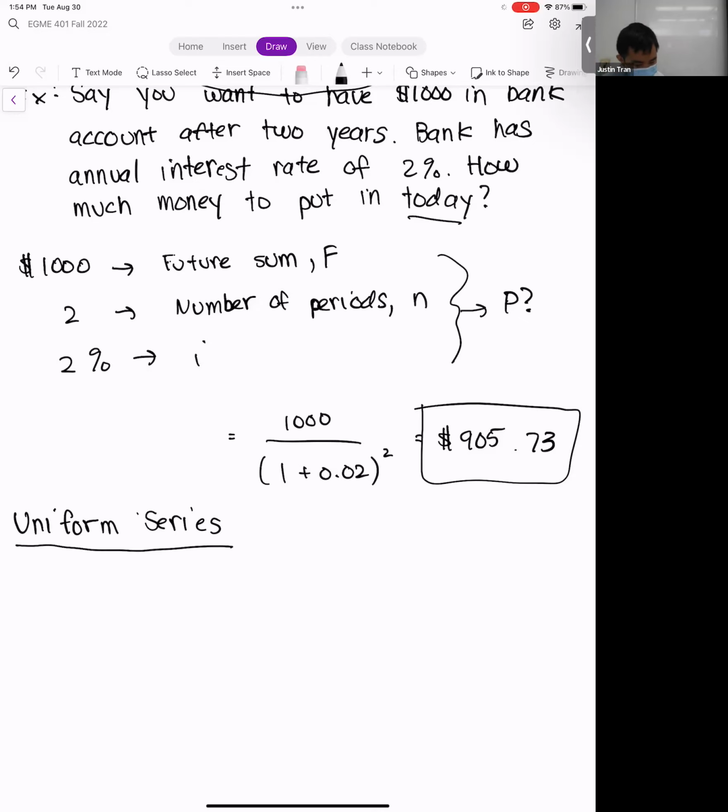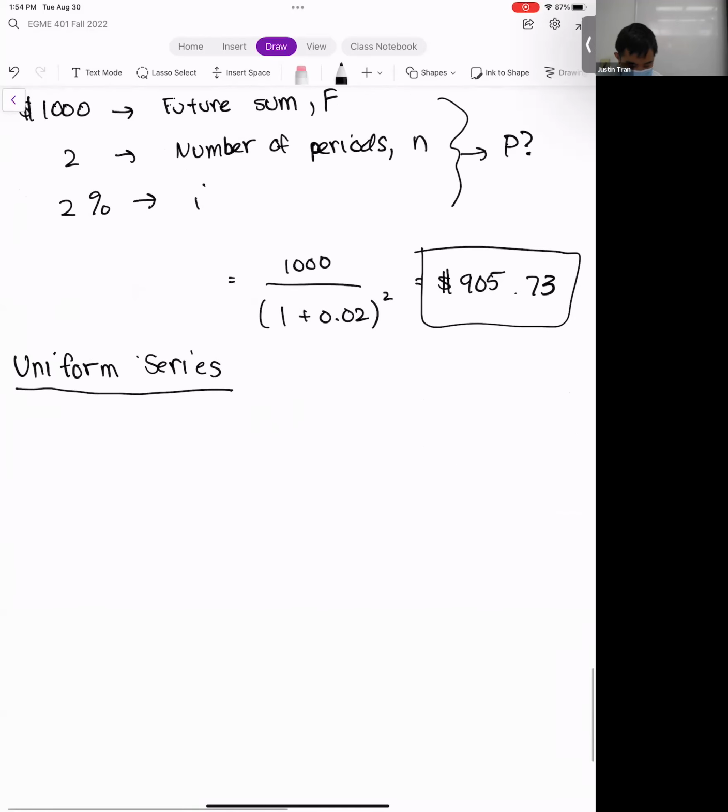Right. And so what a uniform series represents is a type of cash flow that consists of a series of uniform payments.